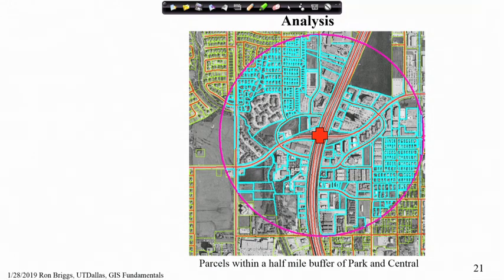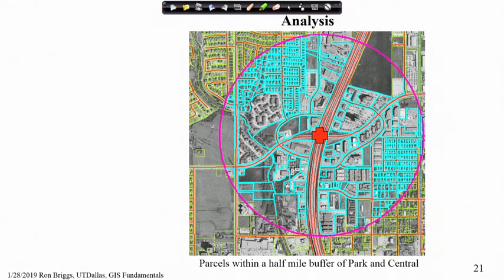In the last lecture we finished here, where I showed you one analysis in which we combined three layers. The base layer was a digital orthophoto, over which we overlaid two other layers: one was the street layer, and another was a layer of parcels of land.